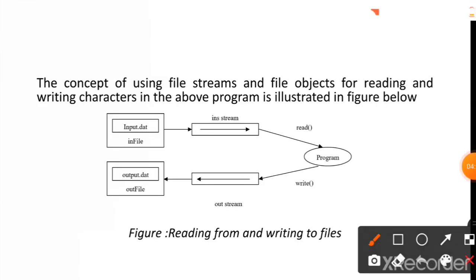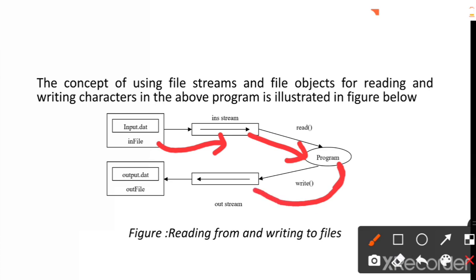So the input file is connected to the input stream, and to read the data from the input stream we call a read method, and it is read into your program. And from the program, if you want to write the data to the file, you have to carry it out through the stream. Hence, by calling a write method, we write the data to the stream, and from the stream the data is written into the output file.